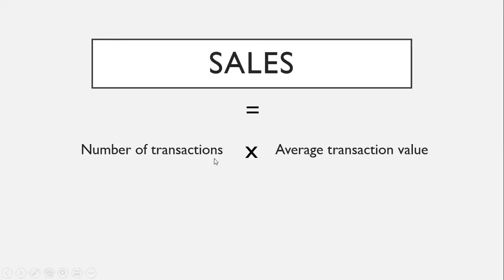So when it comes to sales, remember that sales is a function of the number of transactions in your business and your average transaction value. These are very small numbers just to help you understand. If you've got 50 transactions and each transaction is worth 30 Rand, that means your sales turnover will be 1,500, because you multiply your number of transactions by your average transaction value.